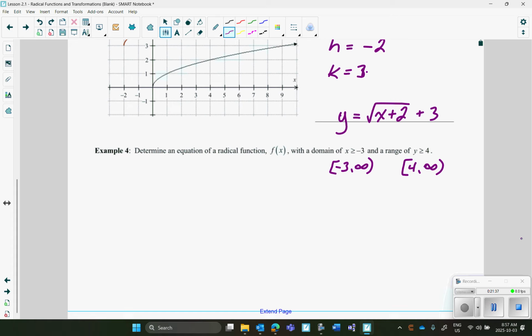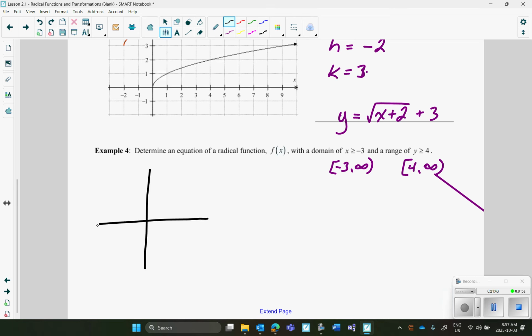Well, one way you could do this is do a quick sketch of it. And then get the domain and range drawn.